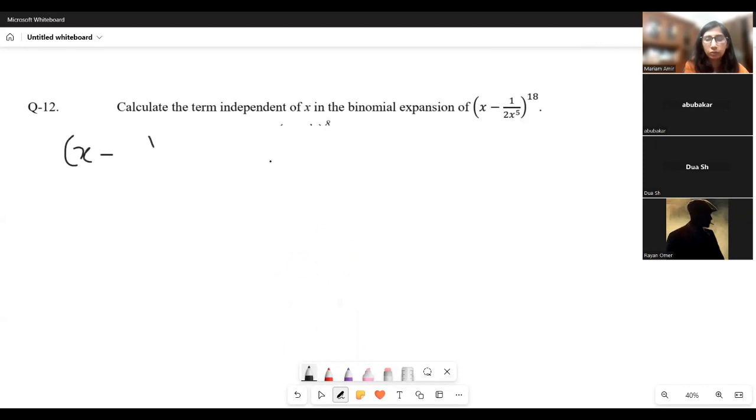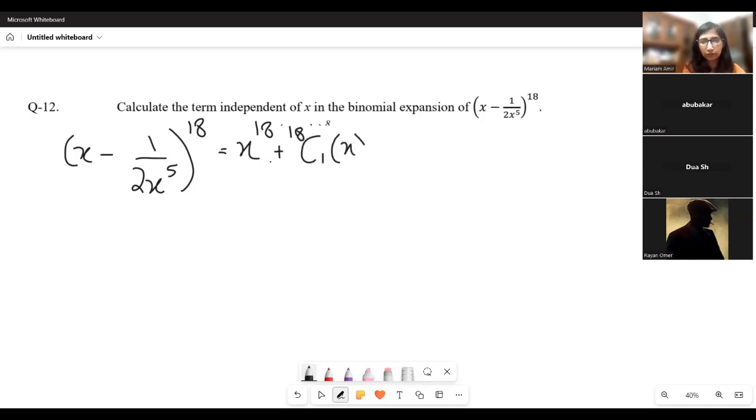(x minus 1 over 2x power 5) power 18. Okay. So the first term is going to be x power 18. Is this term independent of x? Definitely not. Let's check the next term, which is going to be 18c1. The first term is x power 17.